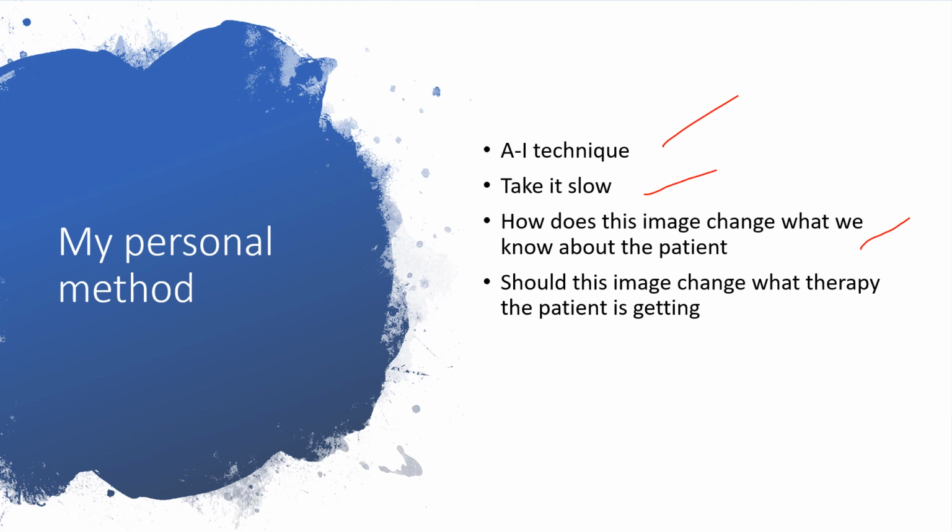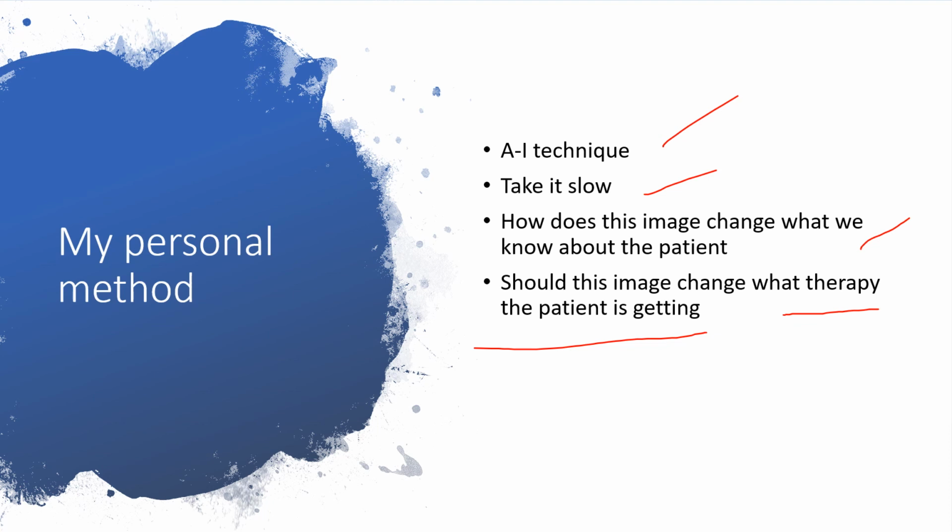Do we now see something new that we need to address with a new therapy? Should this image change what we're doing with the patient? Should we add a mucolytic if it looks like there's a lot of thick secretions, or a lot of inflammation, or if it looks like a bacterial pneumonia versus a viral pneumonia, which I put those two comparisons in here as well.